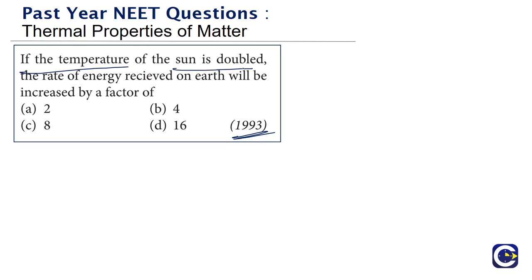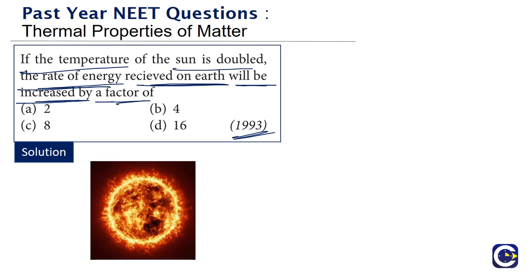If the temperature of the sun is doubled, the rate of energy received on the earth will be increased by a factor of. So what is it? This diagram is just to tell that the sun is a very hot balloon of gas, which will be undergoing constant fusion, and the fusion is what will be giving us the heat.